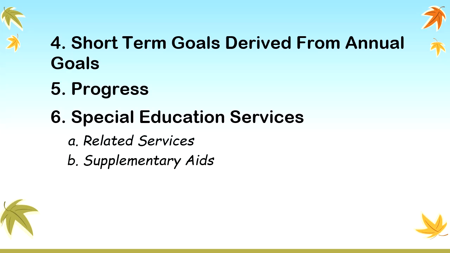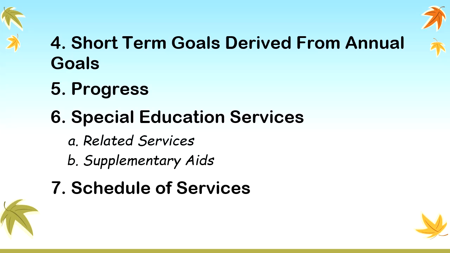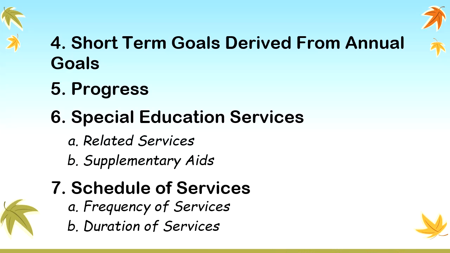While providing the special education services, the team must consider the strengths of the child, the concerns of the parents for their child's education, results of the initial or most recent evaluation of the child, and the academic, developmental, and functional needs of the child. The seventh component of IEP is schedule of services. The scheduled services should include information on frequency of services to be provided and duration of services to be provided.